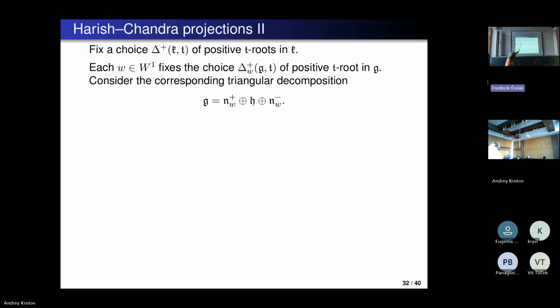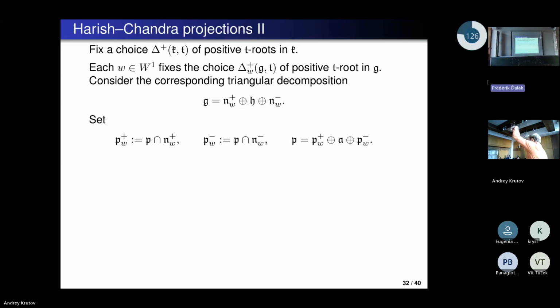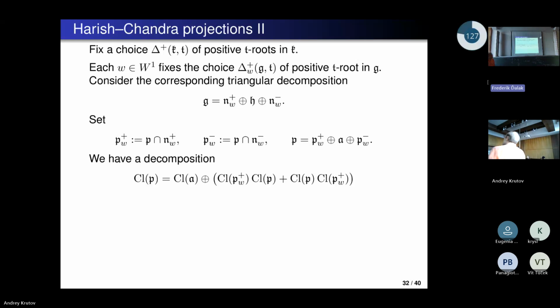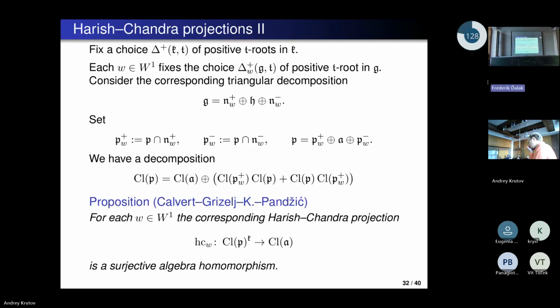So let's denote the positive root system of G by this space, and we have the corresponding triangular decomposition now, which we can intersect with our isotropy representation, and we have a similar decomposition of the Clifford algebra of the isotropy representation, and play the same game. So now we can prove this theorem.